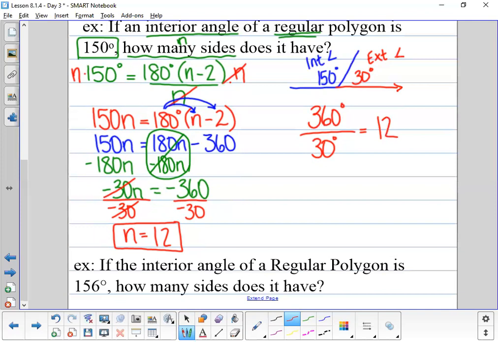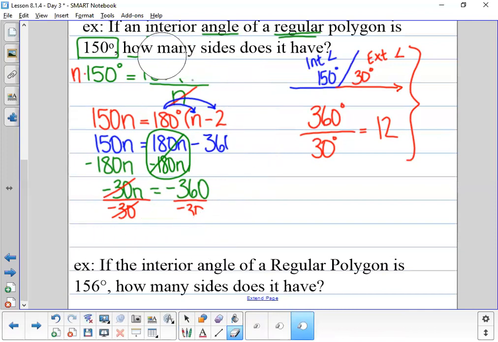That is a lot less work and a lot fewer places for you to make mistakes than that first method. So that's what we're going to do instead. We're going to use this method here. We're going to find the exterior angle. We're going to do 360 divided by the exterior angle, and that will give us the number of sides.